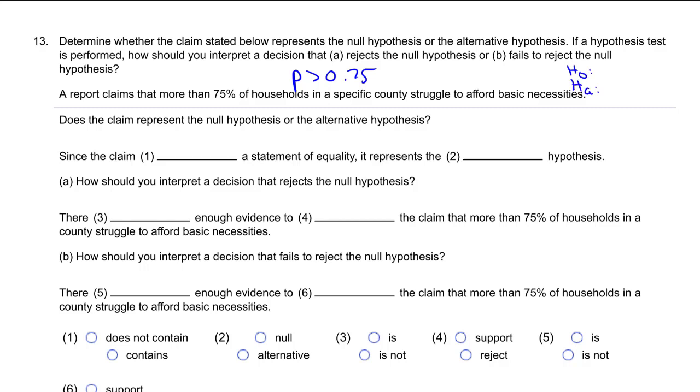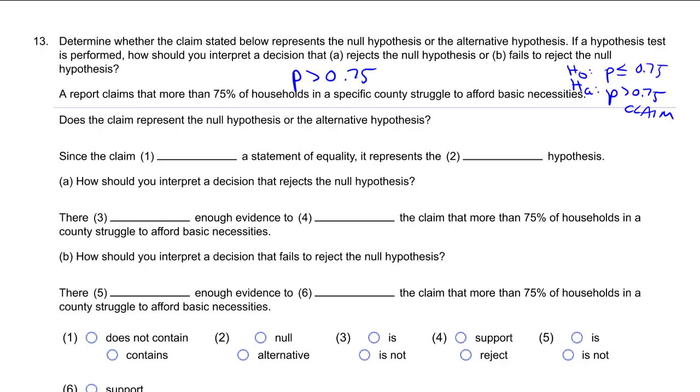P greater than 0.75 must be the alternative, and the null must be the rest, P less than or equal to 0.75. And in this one, that's the claim.